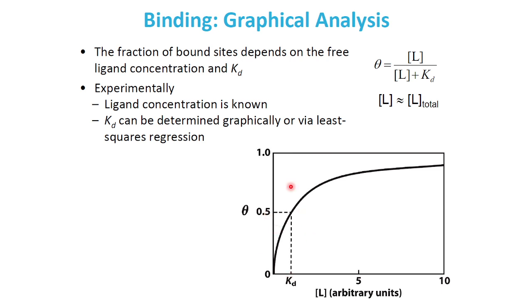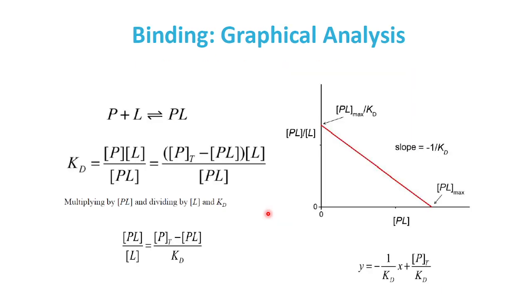So you plot theta versus your total ligand concentration, you get a graph like this, and then you can extrapolate and get your Kd value from where theta equals 0.5. This is the way of graphically representing the binding.